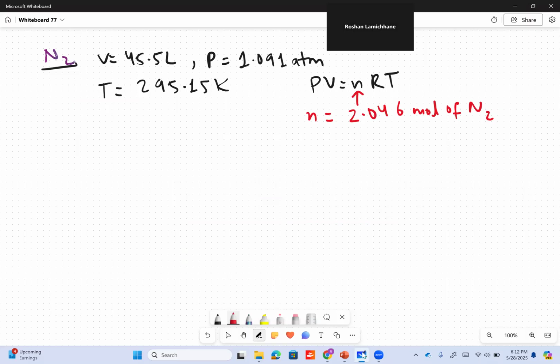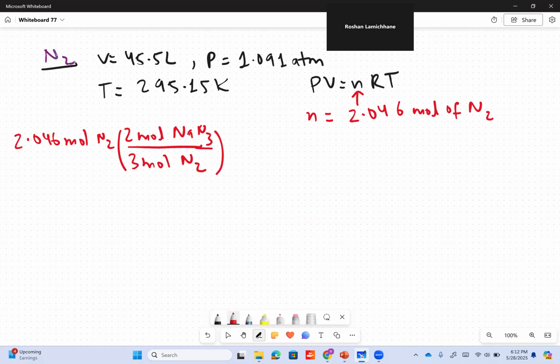So my stoichiometric ratio tells me that 2.046 mole of N2, my balanced reaction tells me 3 moles of N2 can be produced from 2 moles of NaN3.